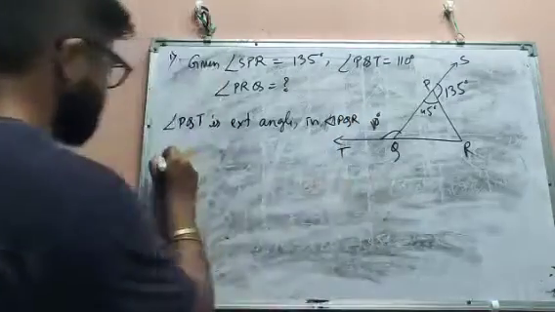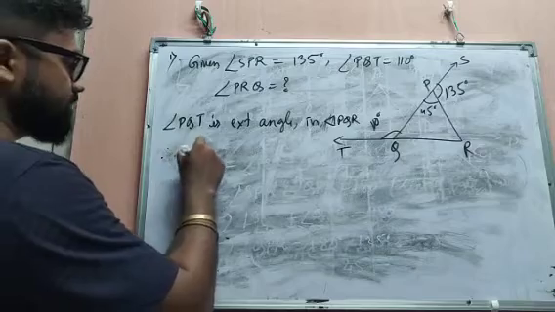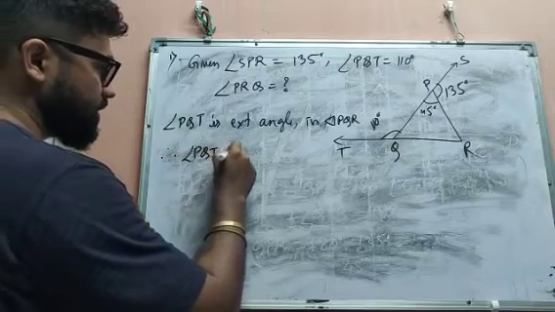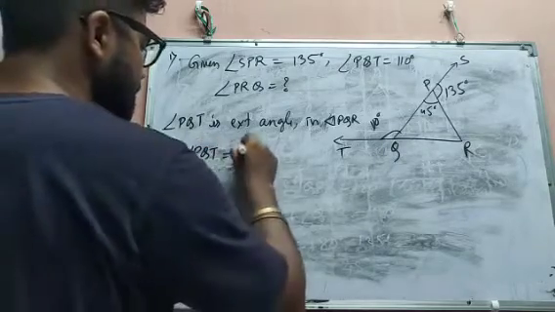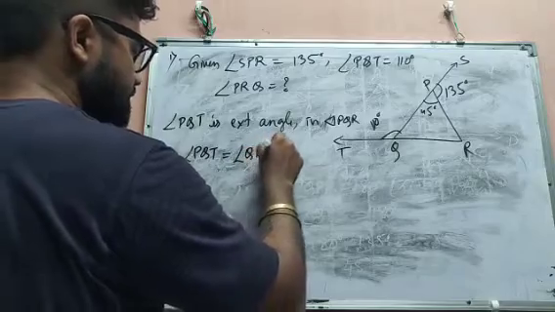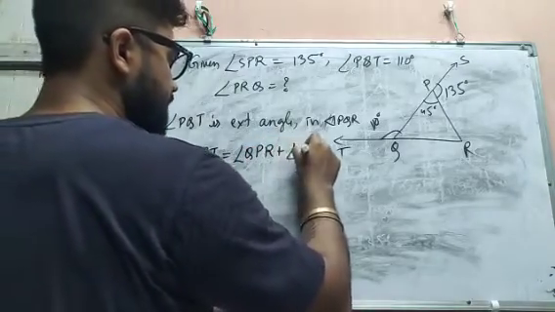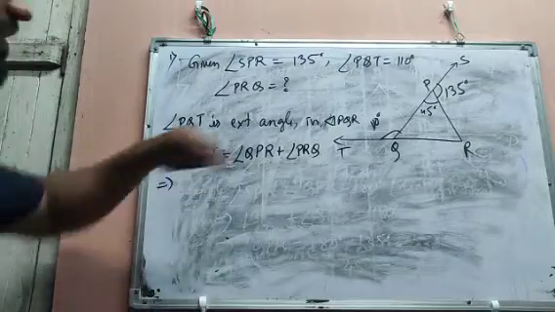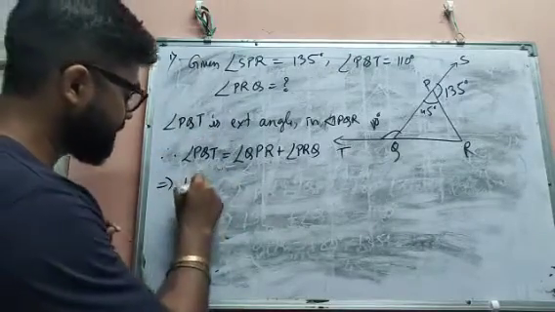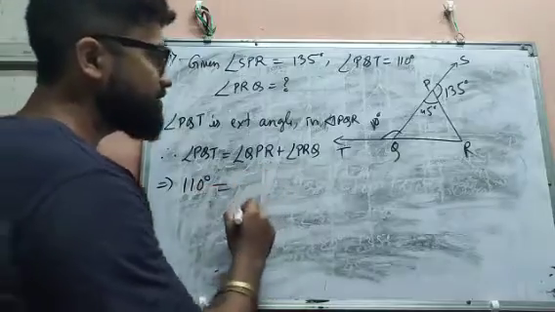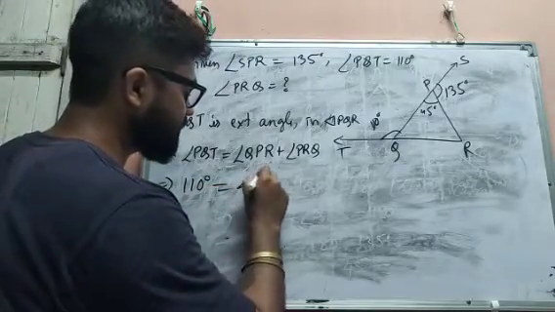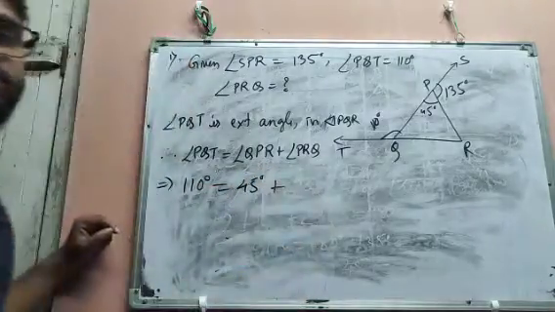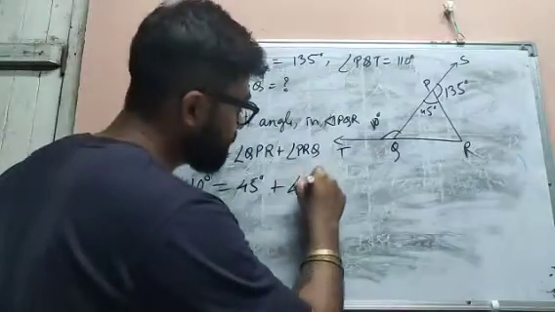Therefore, by the theorem, angle PQT equal to angle QPR plus angle PRQ. Okay, so PQT value is given 110 degree, and QPR value is given 45 degree, and PRQ, which we are asked to find, so PRQ.